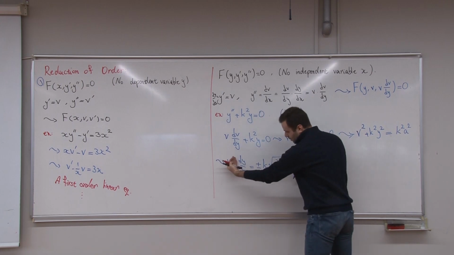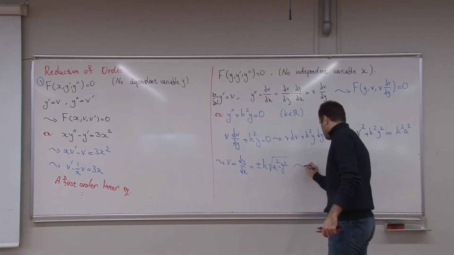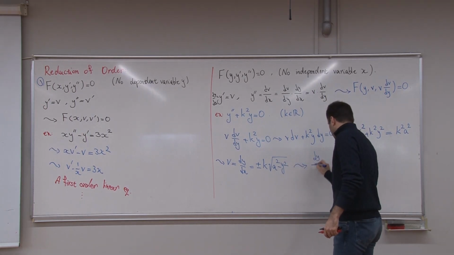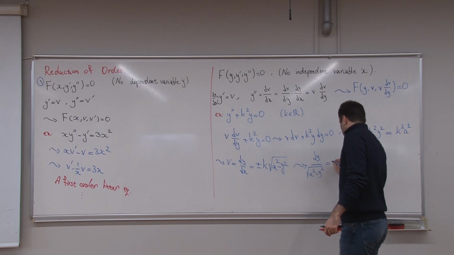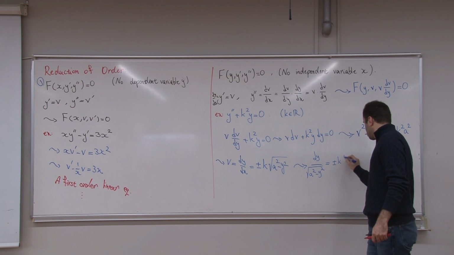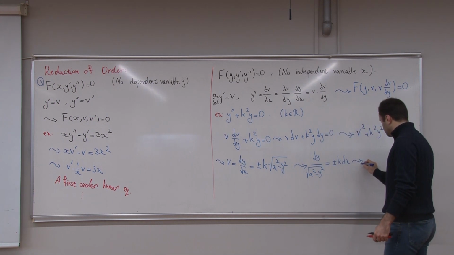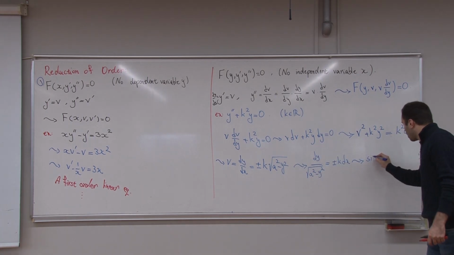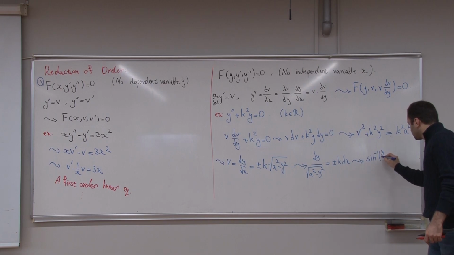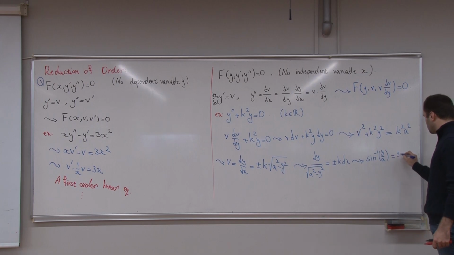And if you look at this differential equation, this is also a separable differential equation, which I can write as dy divided by the square root of a² minus y² equal to plus or minus k dx. From here, if I take the integral, and if you remember this integral, it is going to be arcsine of y divided by a equal to plus or minus kx plus c.